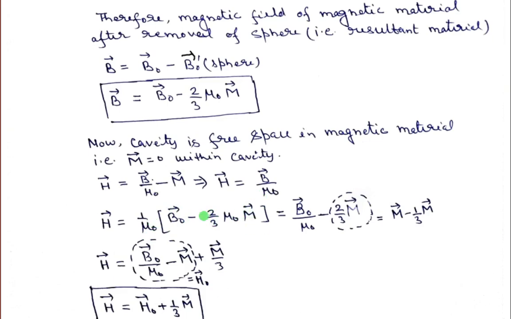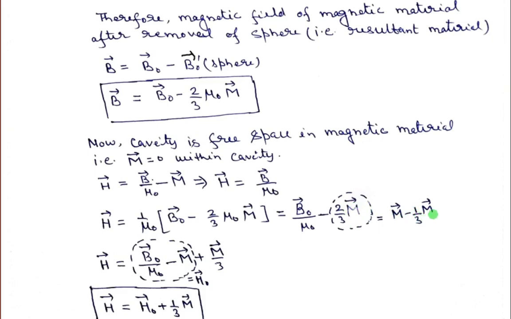If you solve this, it will give B0 vector upon mu 0 minus, and this mu 0 and this mu 0 will cancel out, so we will get 2 by 3 M vector. This 2 by 3 M vector can be written as M vector minus 1 by 3 M vector.